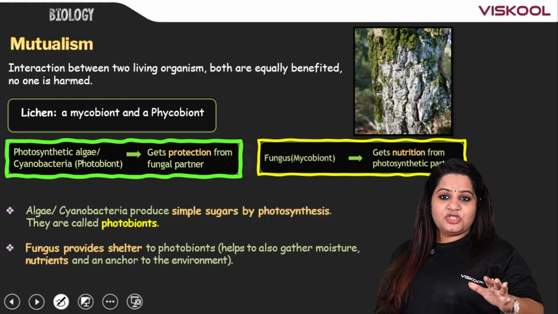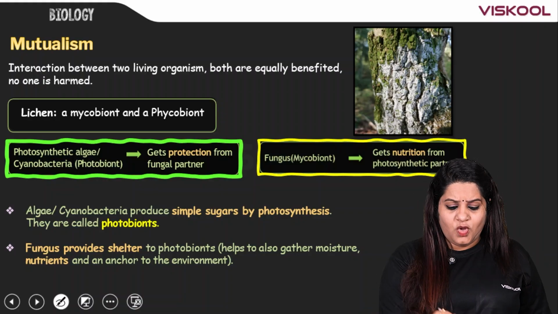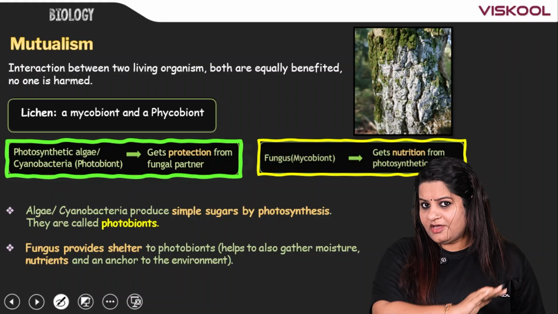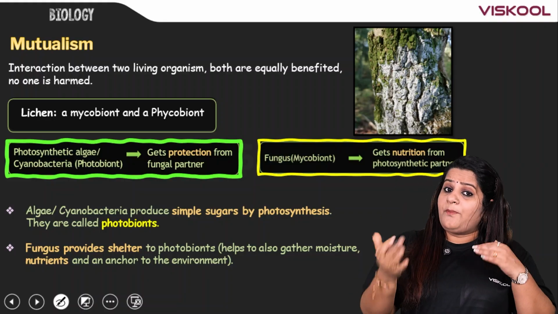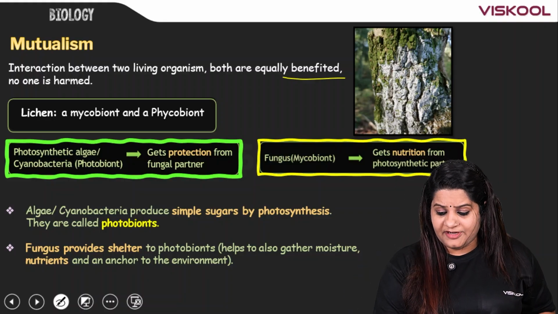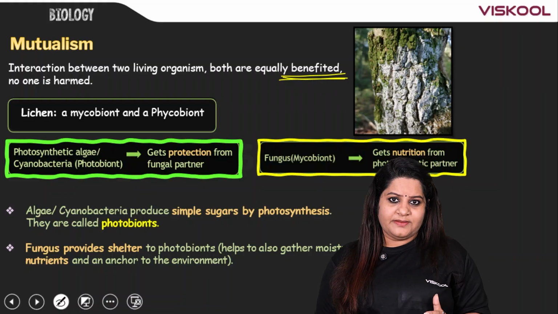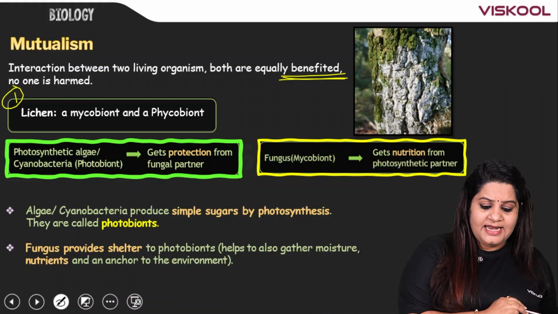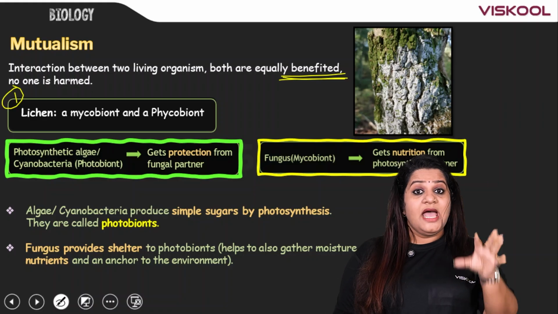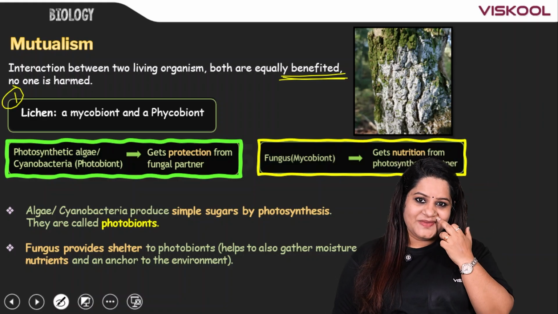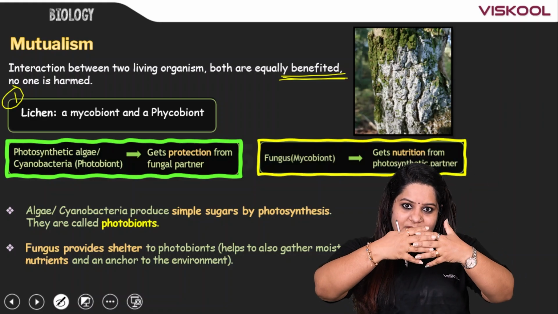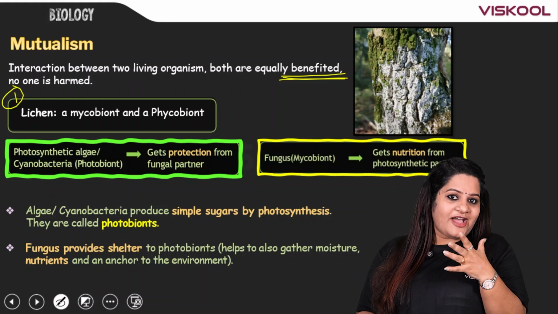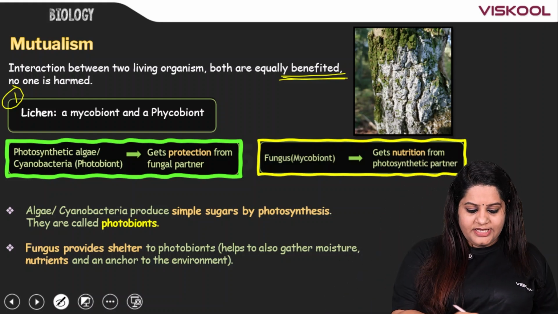Mutualism is the interaction between two living organisms where both are benefited, equally benefited. The first example I said was lichen, an association of a mycobiont and a phycobiont.